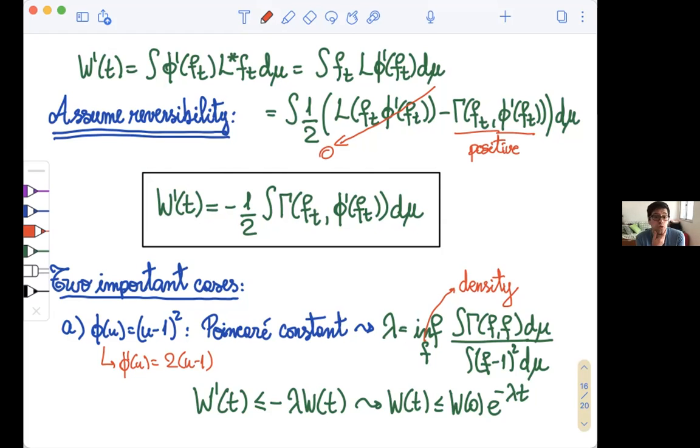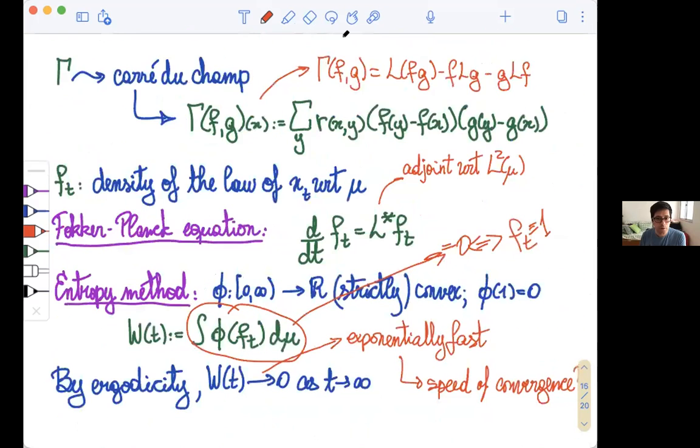If we assume reversibility, then L is equal to L star. And then remember this formula for the carré du champ that was there. You see that f L g plus g L f is equal to L of the product minus the carré du champ.